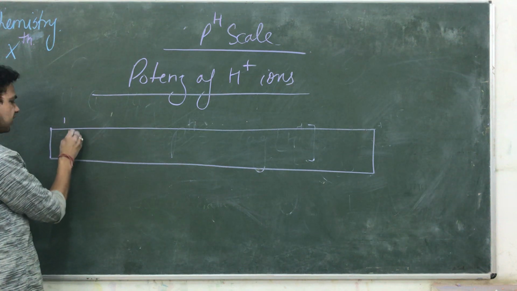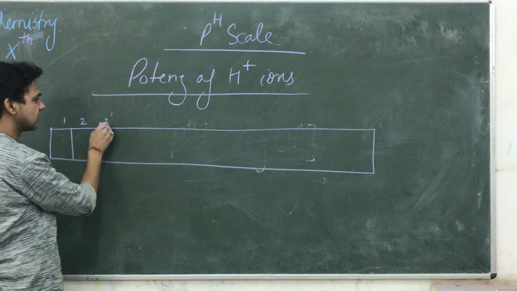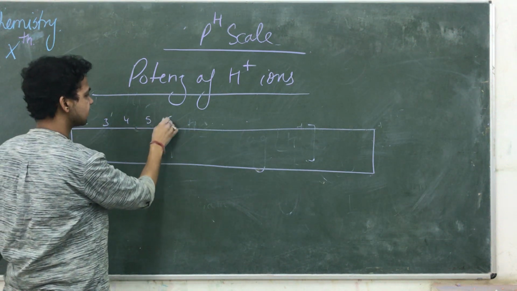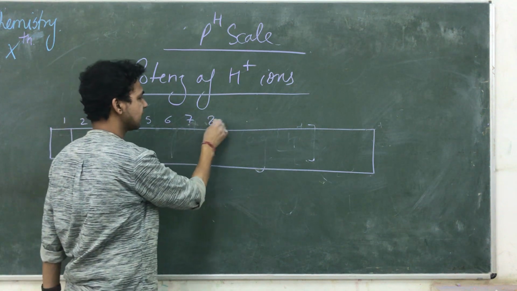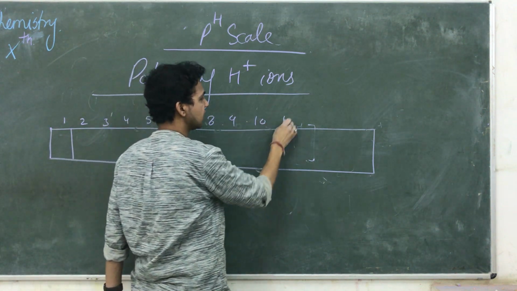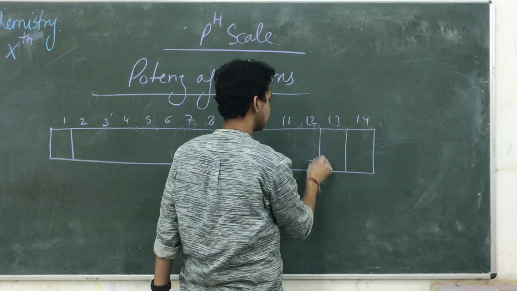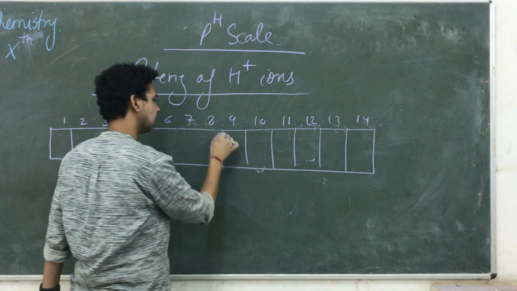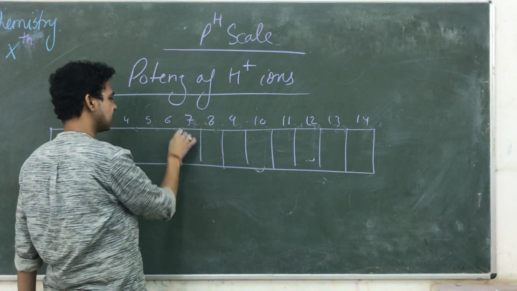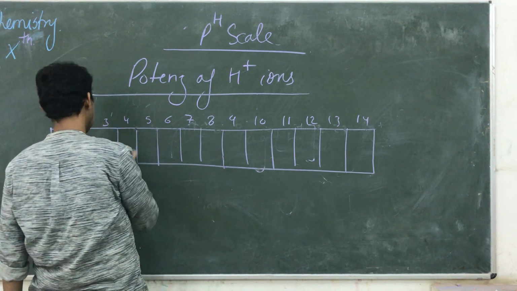It starts from 1, then 2, 3, 4, 5, 6, 7, 8, 9, 10, 11, 12, 13, and the last one is 14. That scale is known as the pH scale.